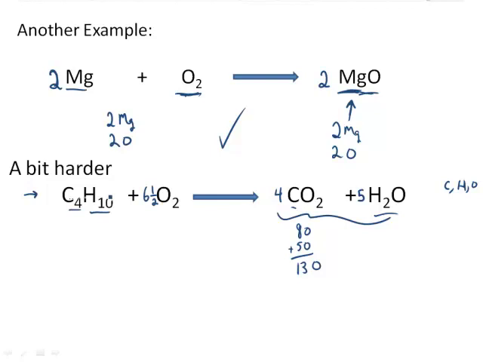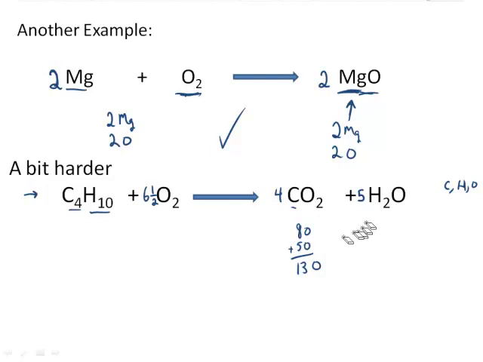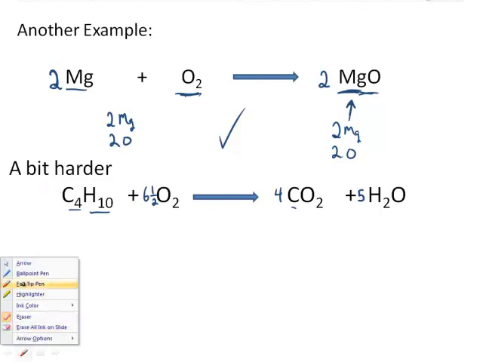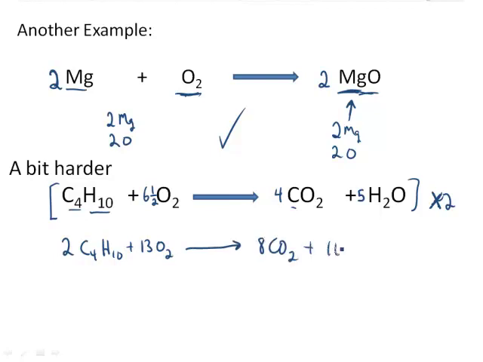The way to get it balanced officially would be to double everything, to get rid of the half sign. So you essentially multiply the entire equation by 2. And what you end up with is 2C4H10 plus 13 O2s goes to make 8 CO2s plus 10 H2Os.